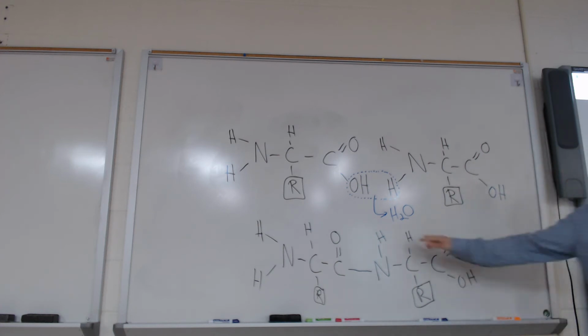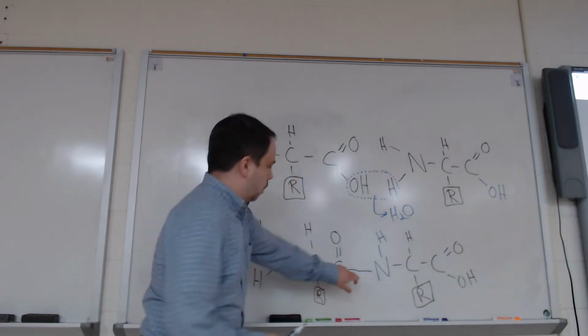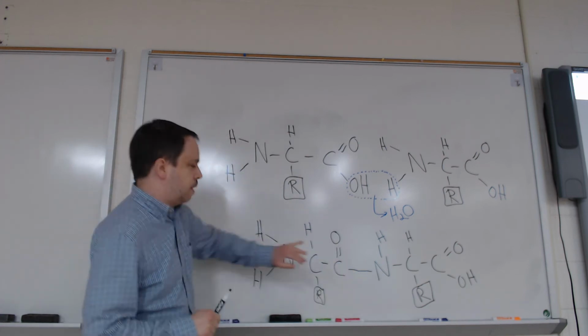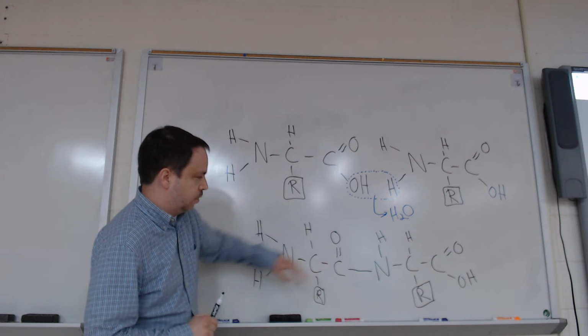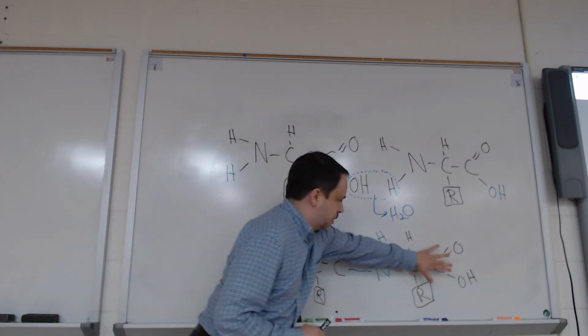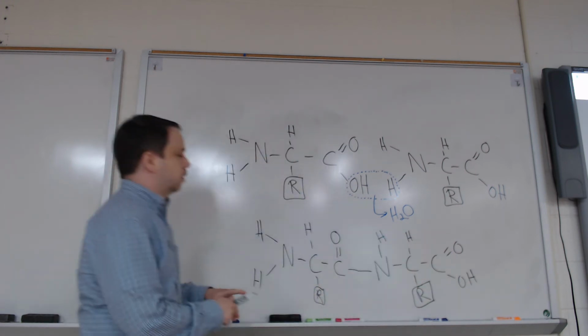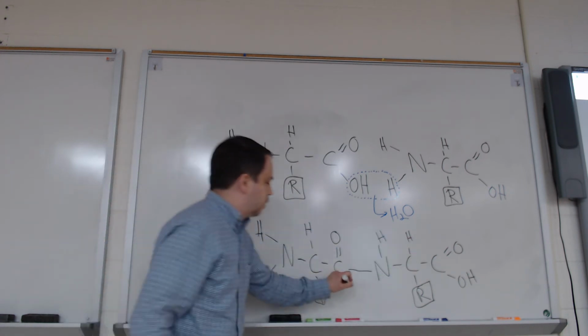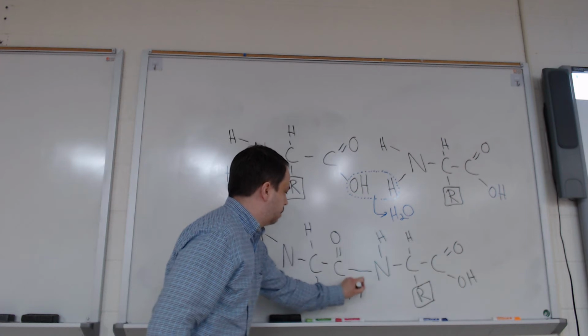And this polymer is held together right here in this bond between the original monomer number 1, amino acid number 1, and monomer number 2, amino acid number 2. It's now one polymer held together by this bond, and we call that bond a peptide bond.